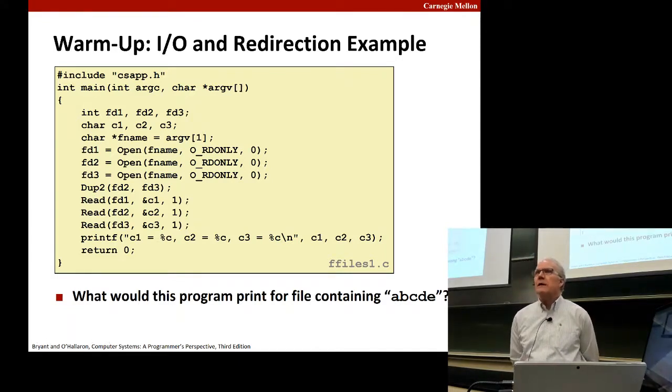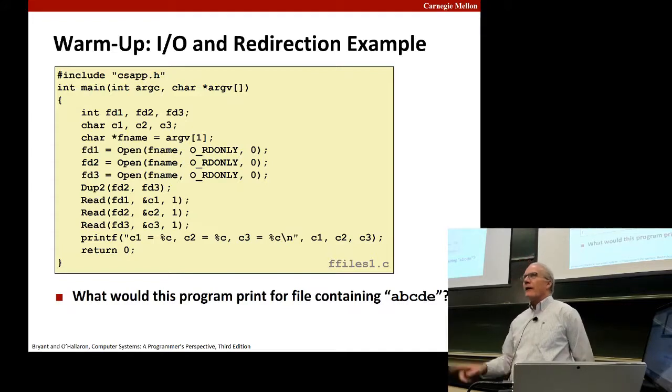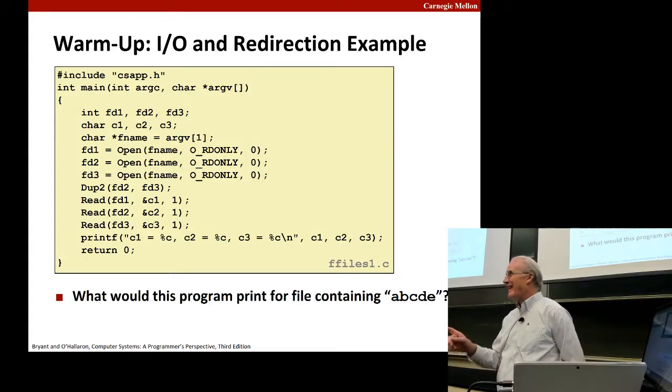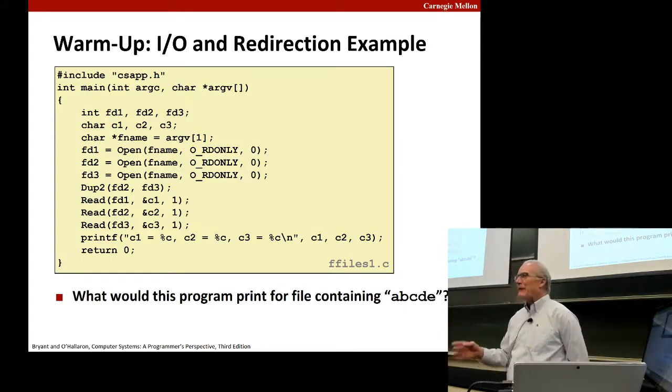If I open the file 3 times and I start reading, but from 3 different file descriptors. Yes? Well, that would be one guess. What would be the other guess? AAA, yes. You know it's got to be one of those 2, right? So why would it be AAA?